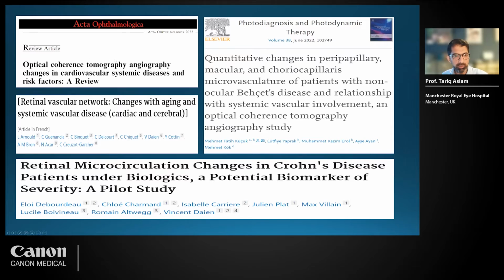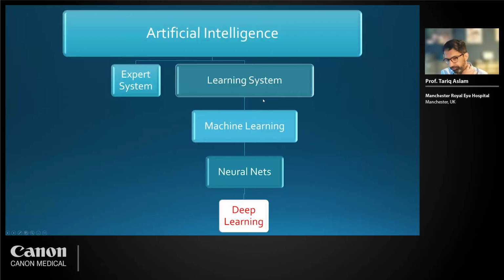But it's not only cerebral, but cardiovascular disease as well. And here we see some of the associations made with even conditions like Crohn's disease and other inflammatory conditions such as Behçet's disease. So there's a lot of potential that is there and is published in the literature.